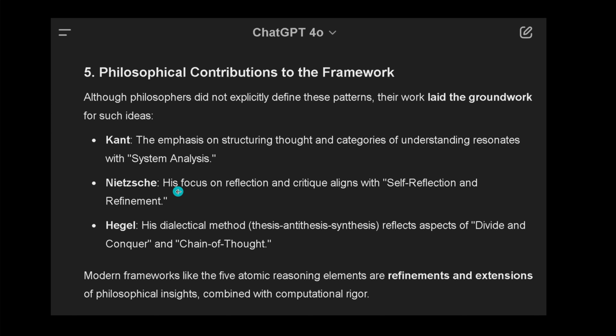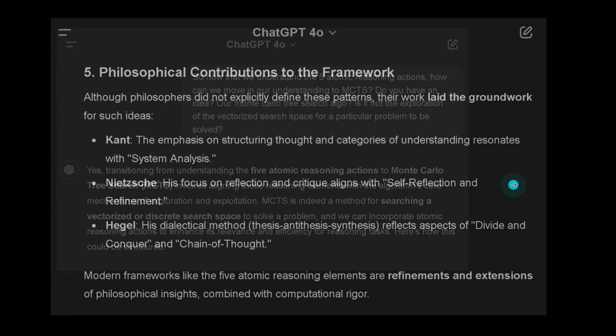And then Friedrich Hegel, in his dialectical method of Thesis, Antithesis and Synthesis here, he reflects here on the aspect of divide and conquer and this chain of thought idea. If you want, you can interpret this here into this framework. So we are not completely off the road. We are not completely going crazy here with this.